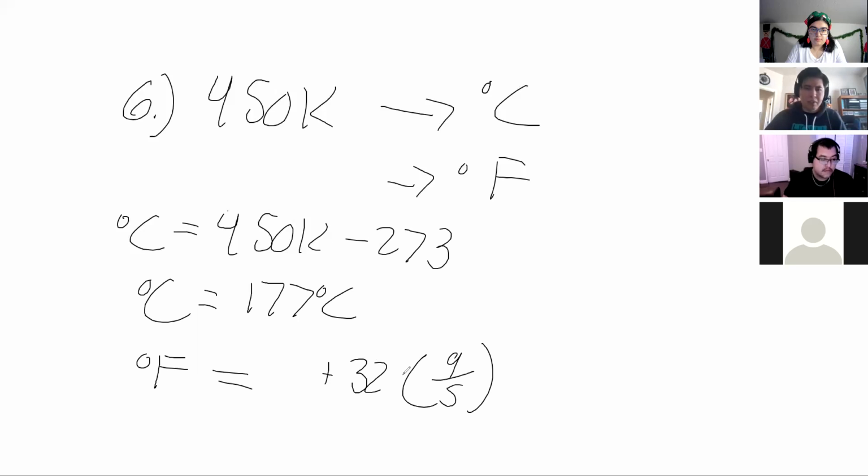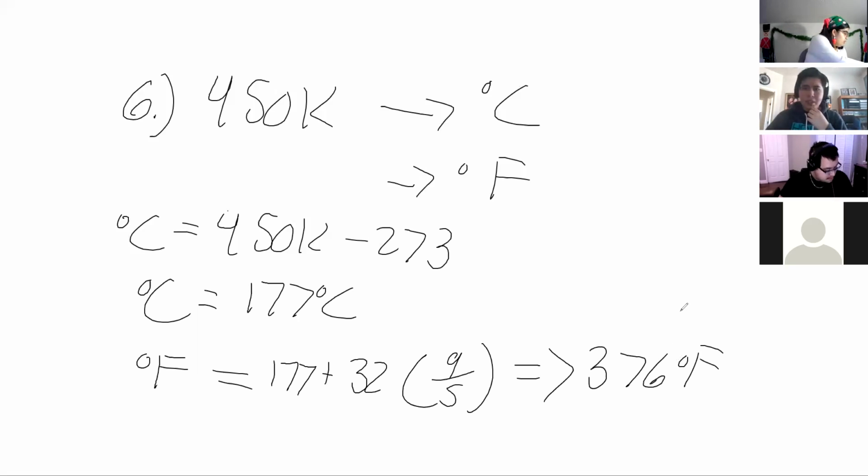So good job. If that's the case, we take our Celsius that we converted, 177, and apply this formula. What would that give me? 376. Yes, this will give you 376 degrees Fahrenheit.